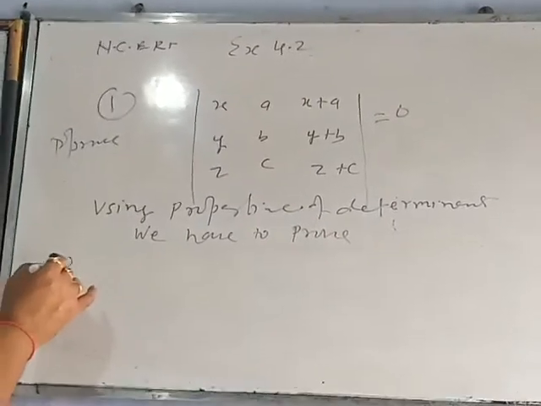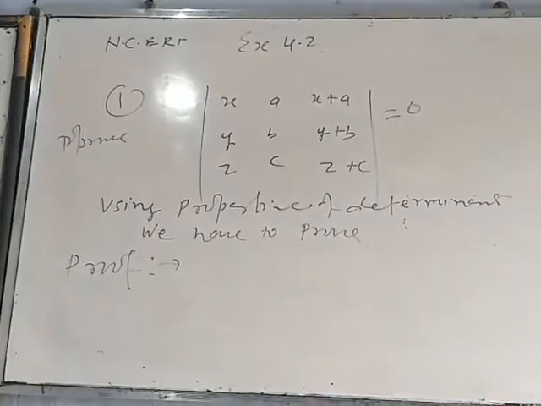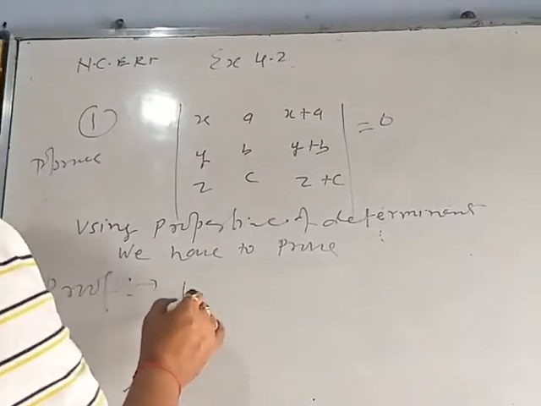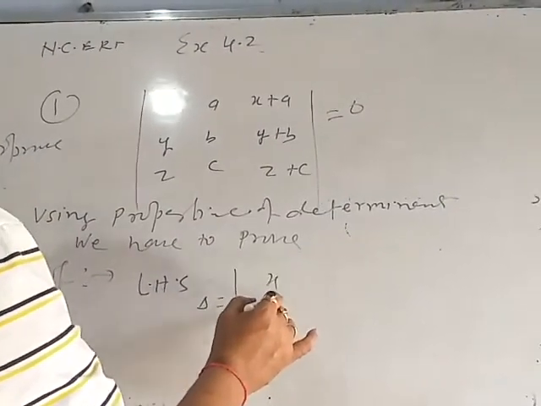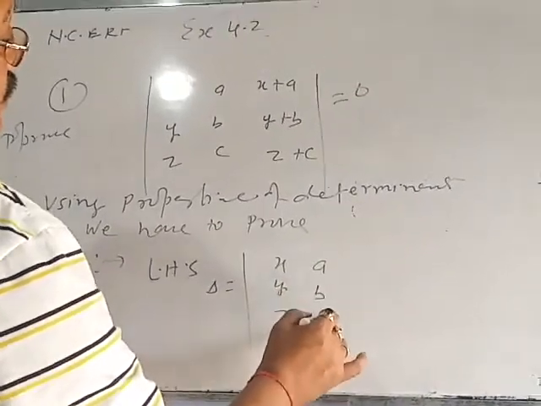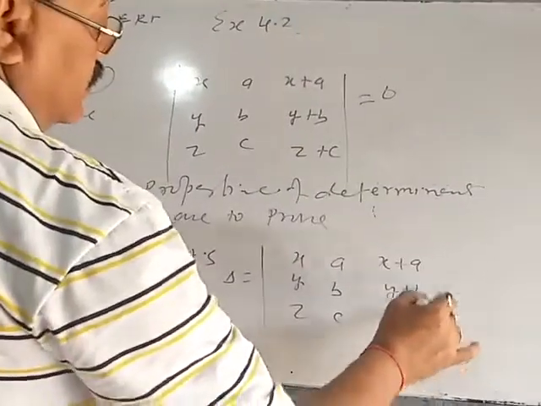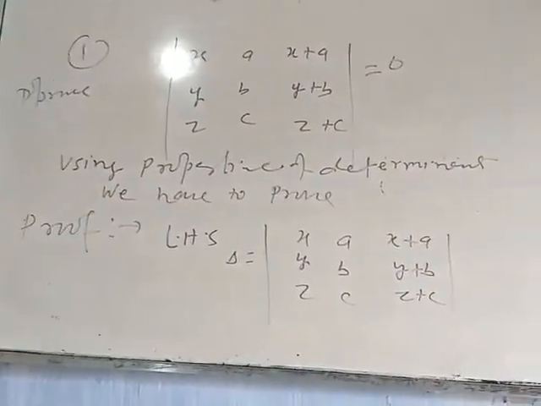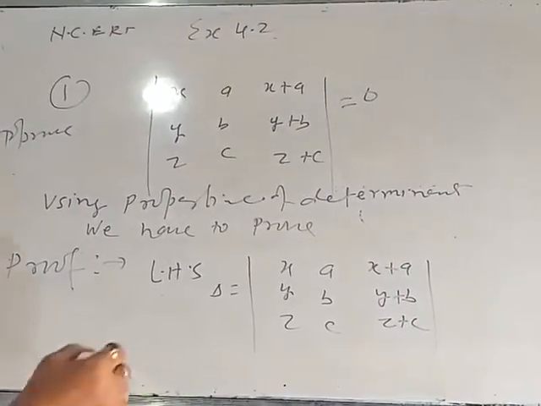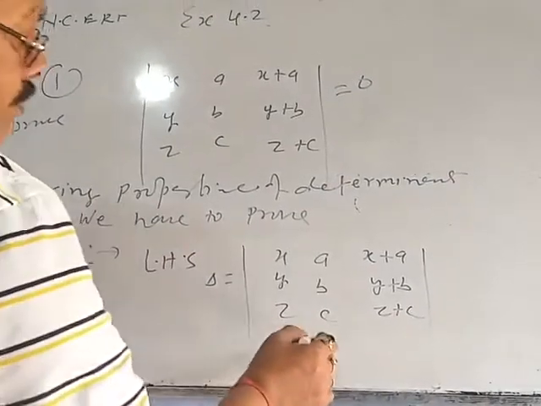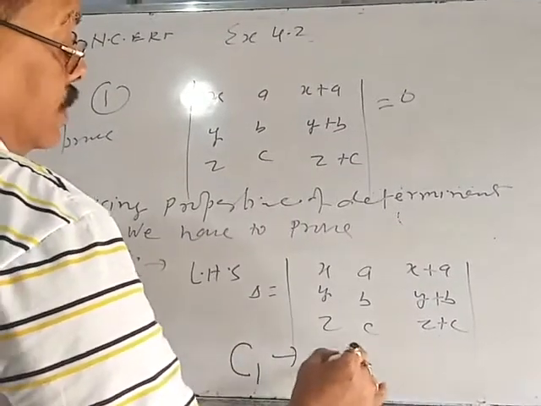So you write proof, students. First step, write proof and take the LHS part, the determinant with rows x, y, z; a, b, c; x plus a, y plus b, z plus c. Now you use a property of determinants. Here it is the first column and the second column, so C1 is changed into C1 plus C2.